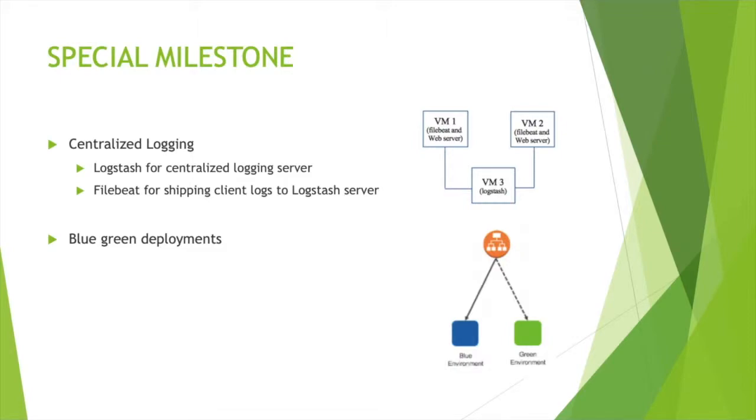The logs are shipped from these servers all the way to the Logstash server, which could be a central point where the logs could be monitored and further analysis can be performed. We've also performed blue-green deployments for iTrust, and that concludes our DevOps pipeline.